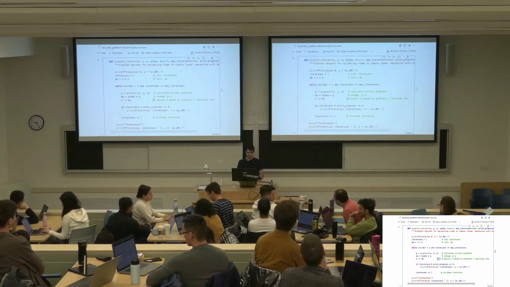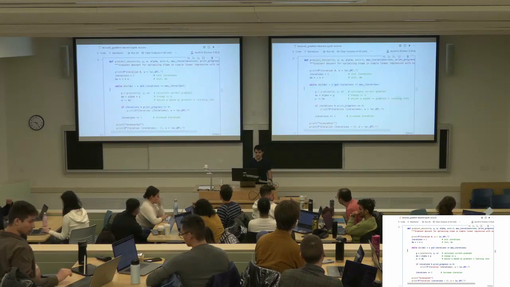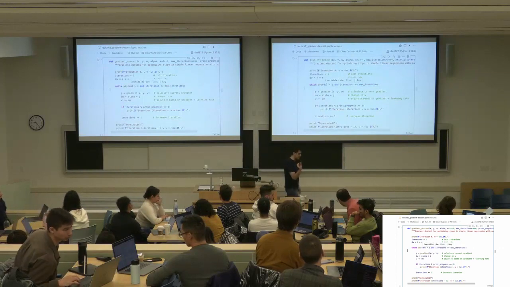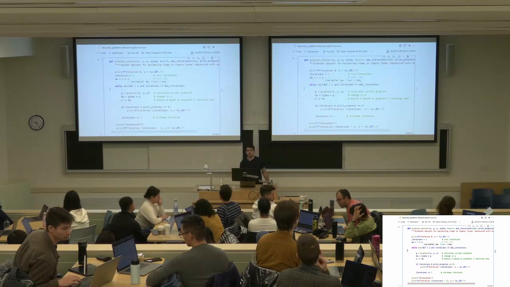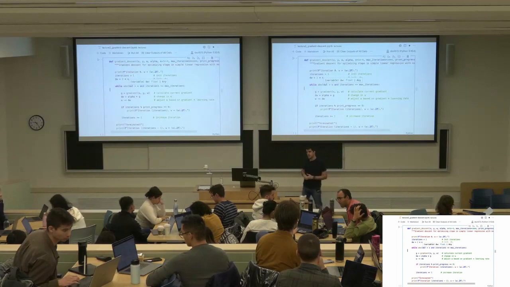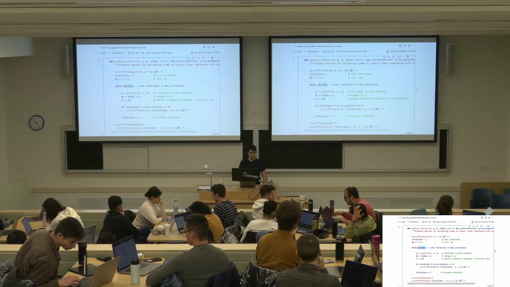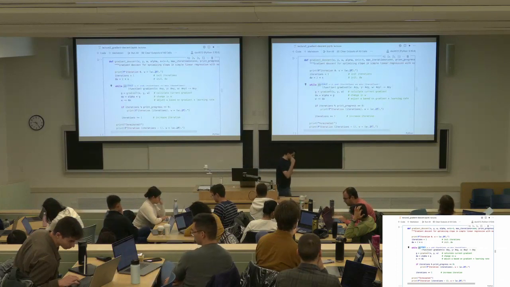So this code. The important part is these three lines. And I'm doing this iterative step until either the value of the step size becomes too small, or I have reached a maximum number of iterations. Because in case I can't converge on a minimum, I don't want to go to infinity and do this over and over again. But this other condition is important. I'm going to continue doing this until the step size becomes very small.